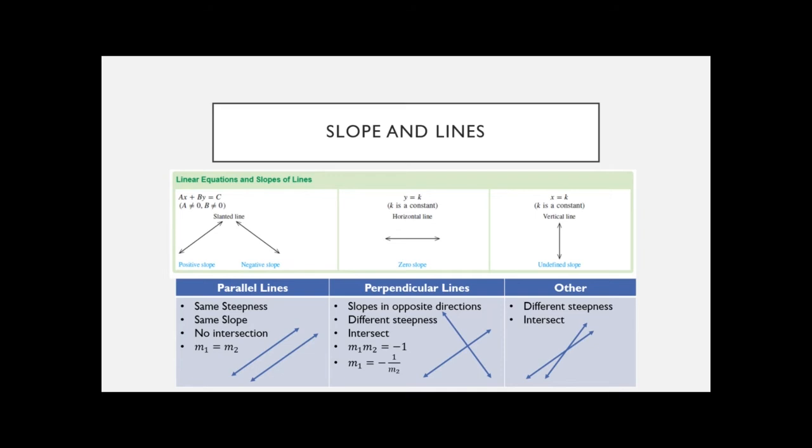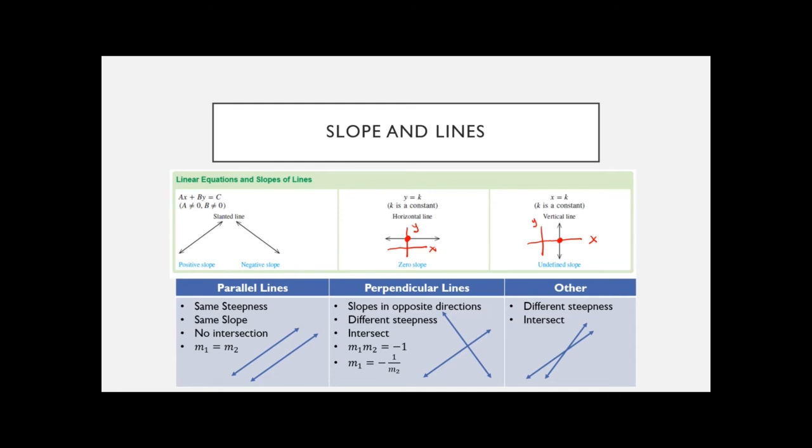If we put this on just our xy plane, where we're graphing, a horizontal line goes through the y-axis, and that's why it's a y equals equation. While the other side, the x equation, goes through x on your axis.